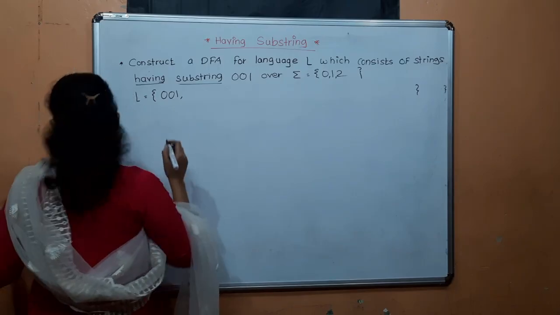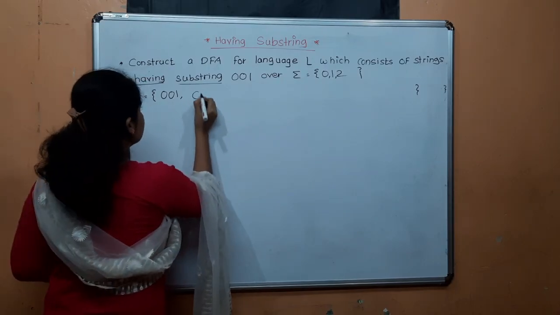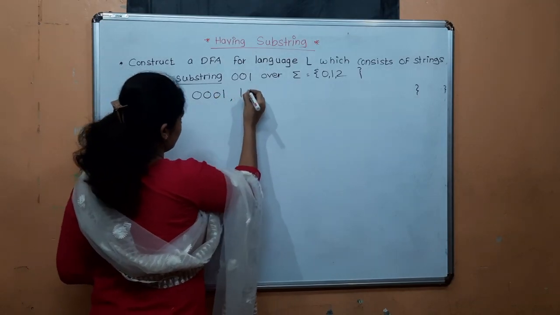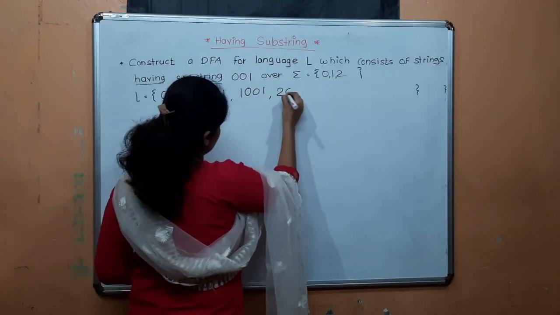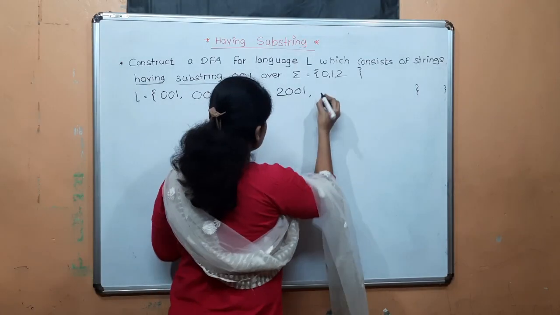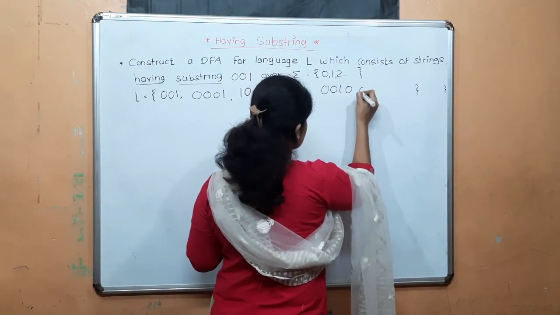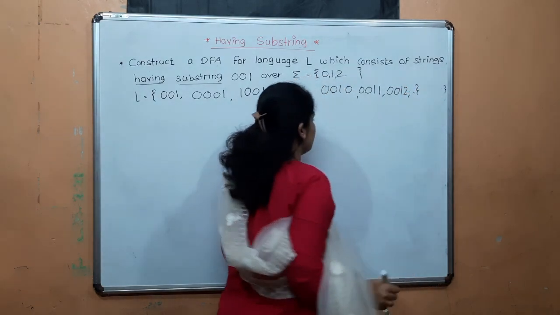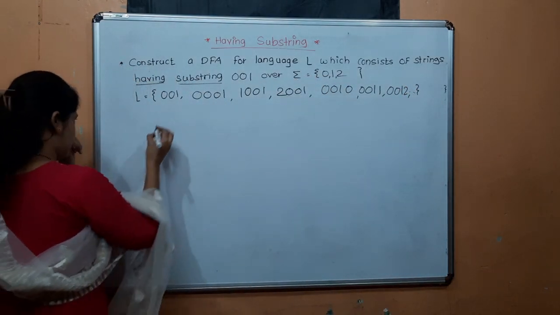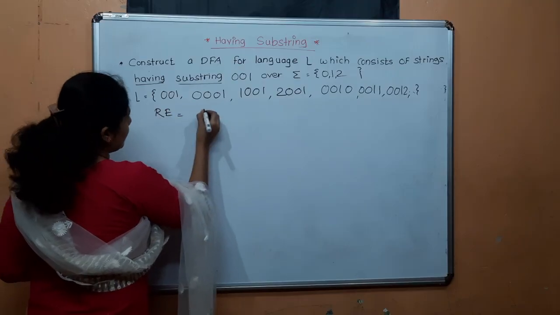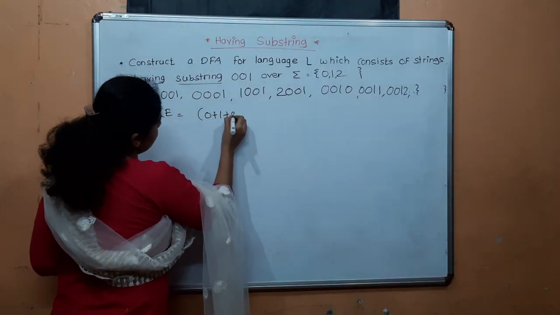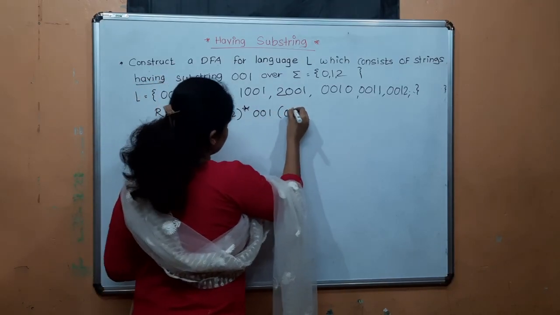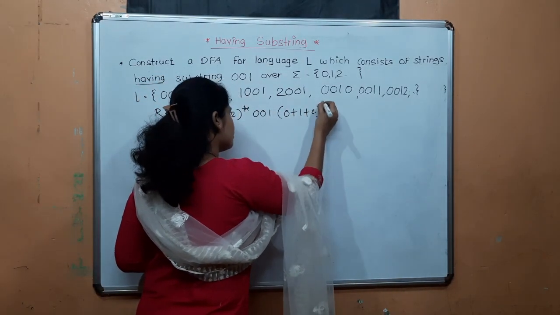After that, it can start with either 0 001, 1 001, or 2 001. It can end with either 0010, 0011, 0012 and so on. Okay, now the regular expression is (0 + 1 + 2) star 001, and it can end with either 0 or 1 or 2.